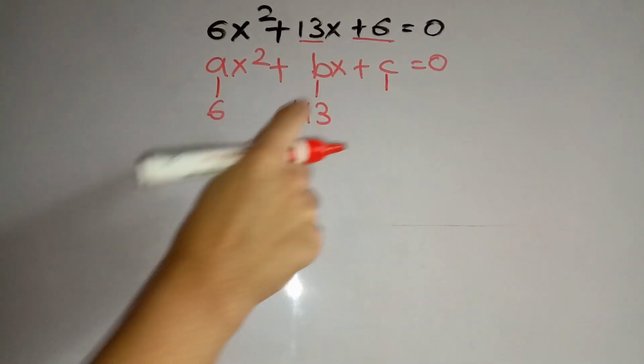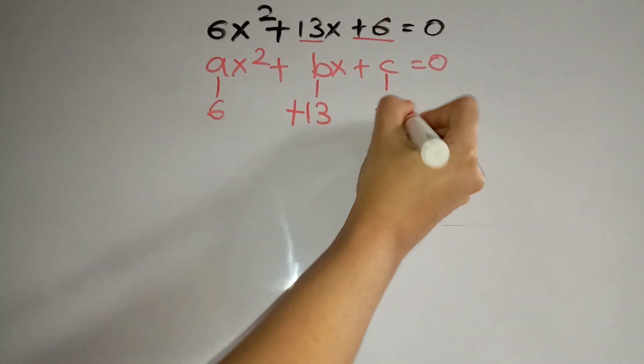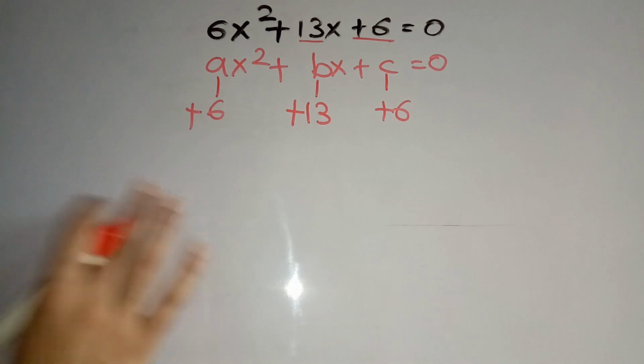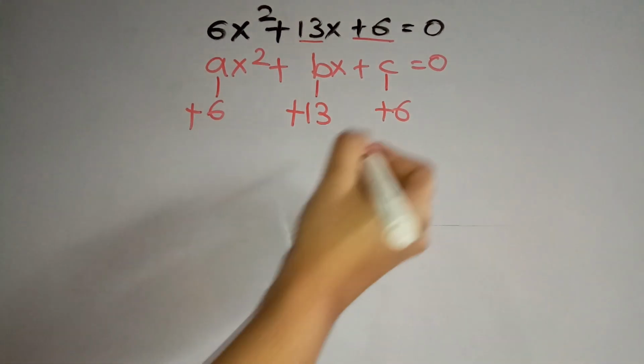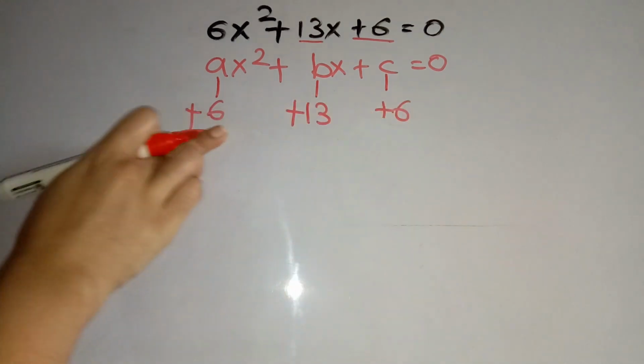Now remember to consider the sign as well. So the value of c is plus 6 and a is plus 6. Now, with this c and a, find the factors.